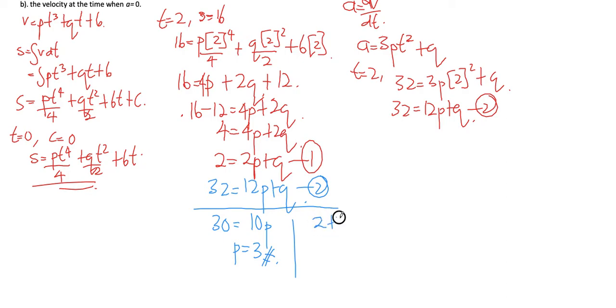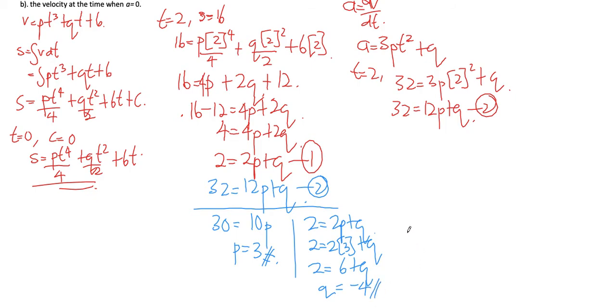So 2 equals 2p plus q, 2 equals 2 times 3 plus q, so 2 equals 6 plus q. So q equals negative 4.